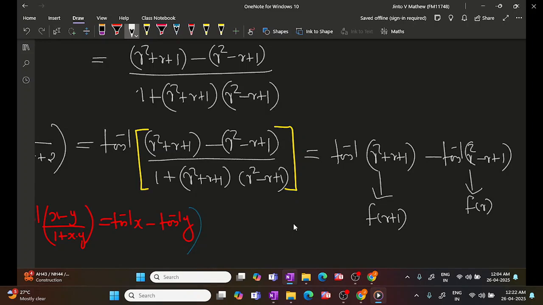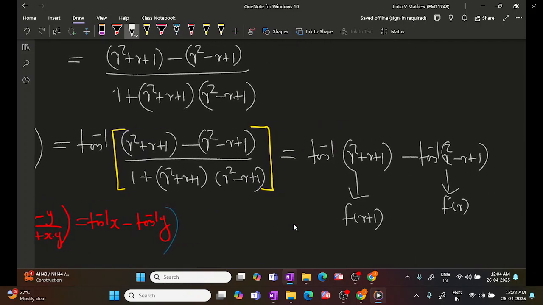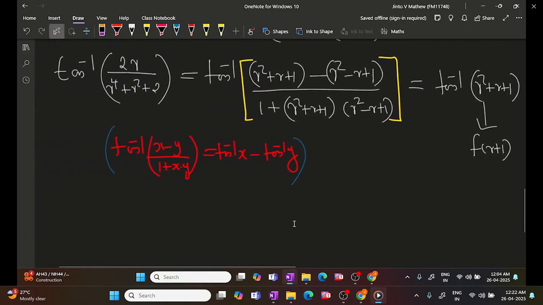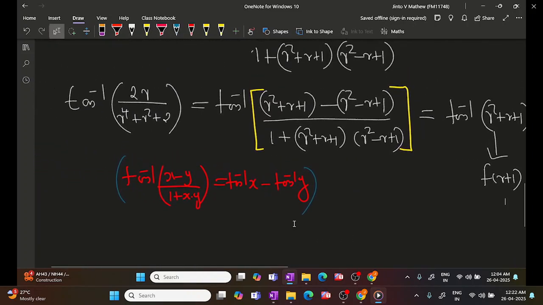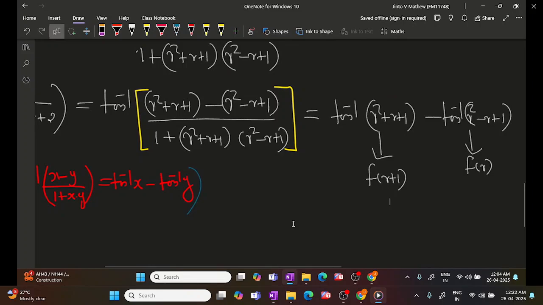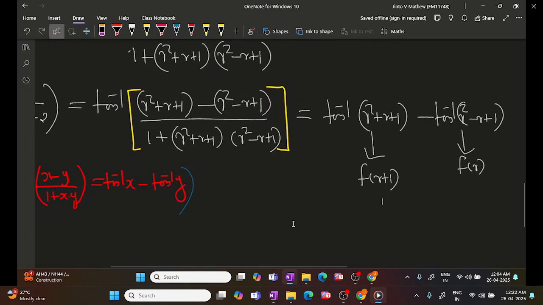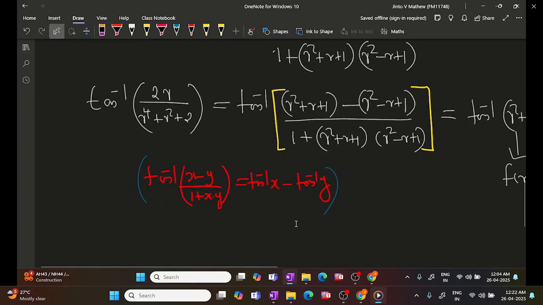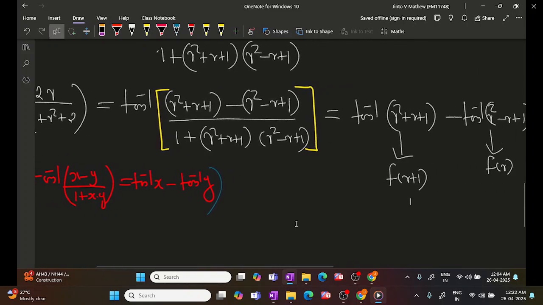Now it is clear that it is of the form f of r plus 1 minus f of r. So what we have done here is, we have expressed tan inverse 2r by r to the power 4 plus r square plus 2 as tan inverse r square plus r plus 1 minus tan inverse r square minus r plus 1. Now, it is of the form of a telescopic series.